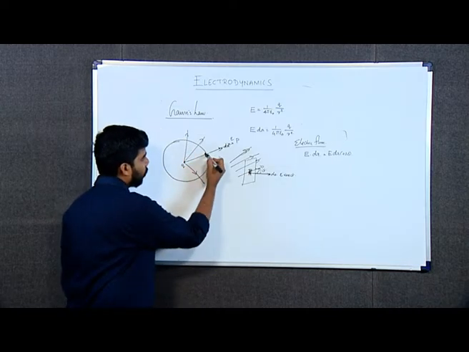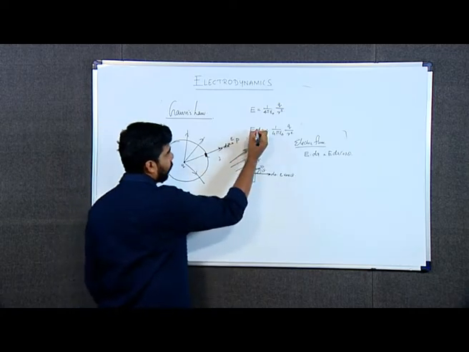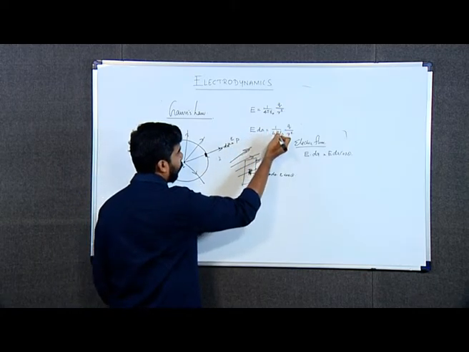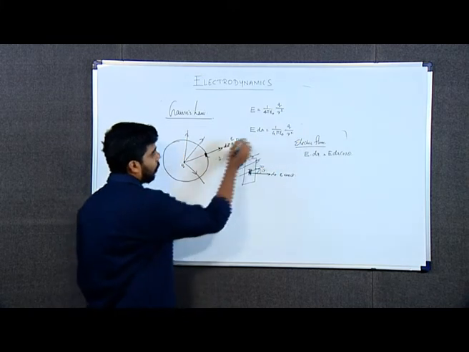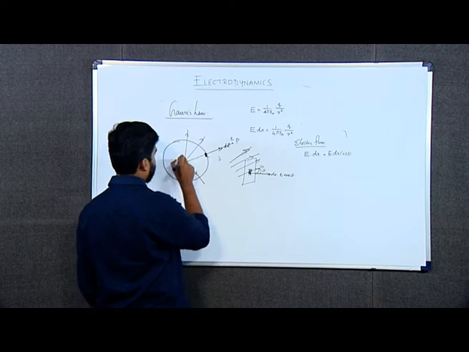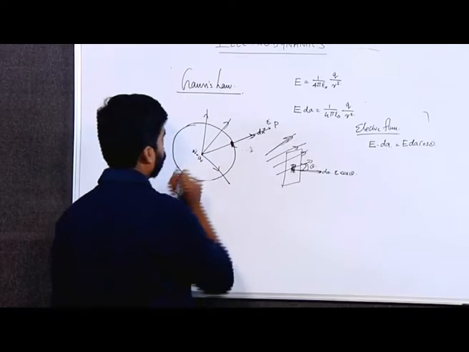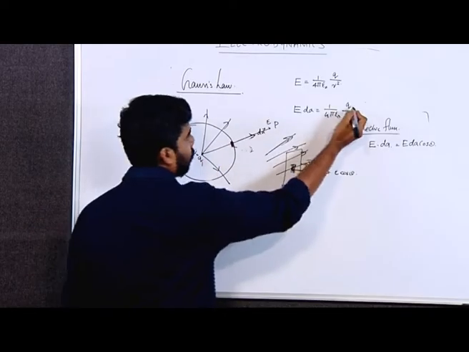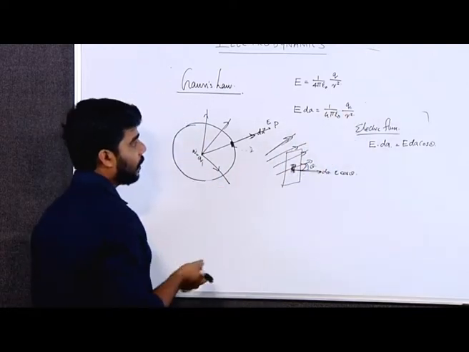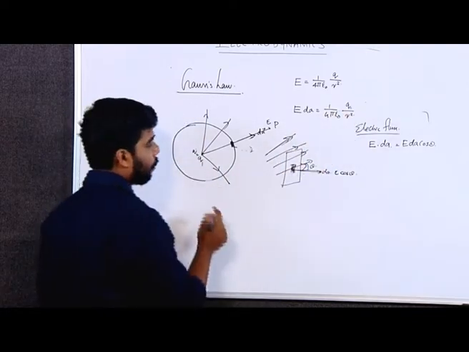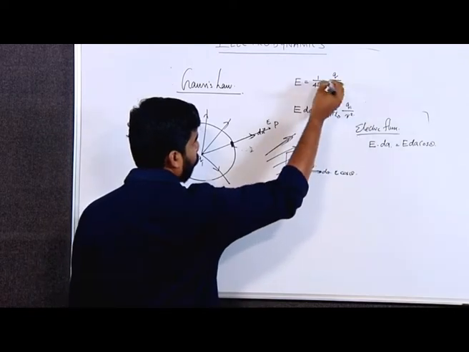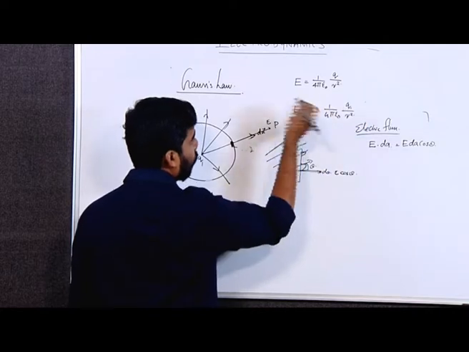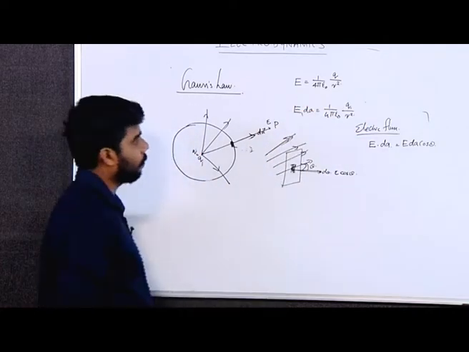Similarly, through this small area, the electric flux will give an idea of E dA, which is equal to 1 by 4 pi epsilon 0 q by r square. If there is another charge, this is q1, I name it as charge q1 and q2, what is the electric flux through that surface? While this q becomes q1, this becomes the electric field due to the first charge.